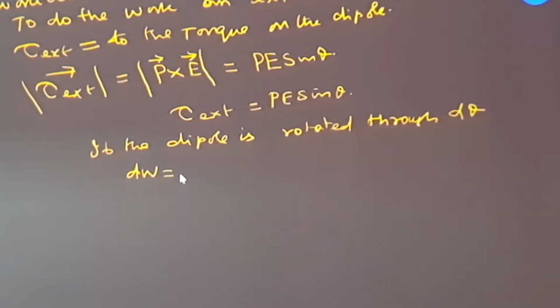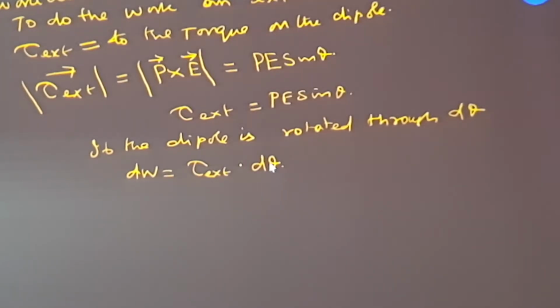In case of linear motion, the work done is equal to force into displacement. Here rotation is involved, so it is angular motion. In case of angular motion, instead of force we have to consider torque. So torque tau external multiplied with the angle through which it is rotated. Instead of dx or ds, we have to state d theta, the angular displacement.